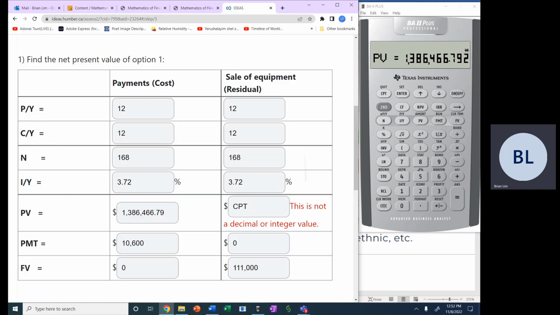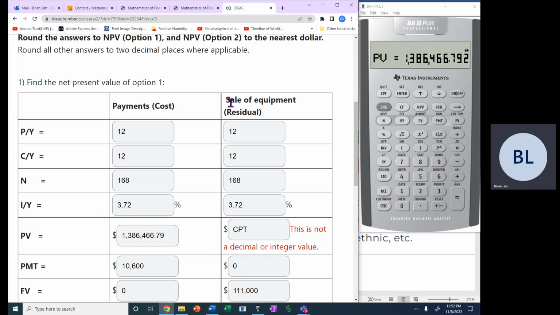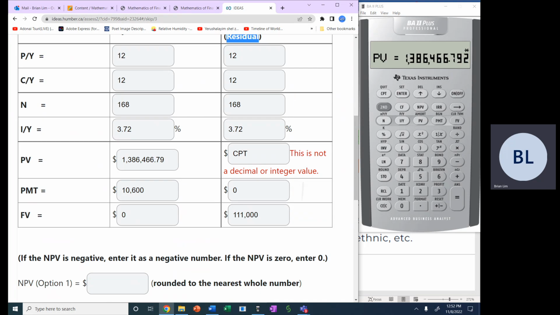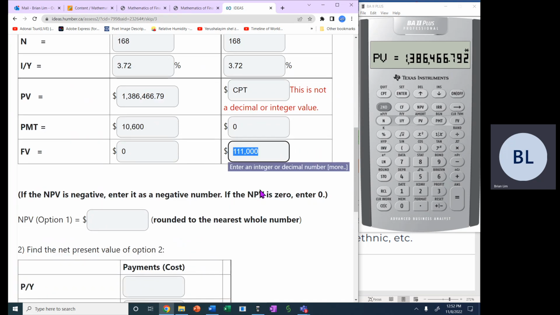Now the second one is where the sale of the equipment, or the residual value, is expected to be in 14 years, $110,000. Okay, so remember everything remains the same except these last two numbers right here.